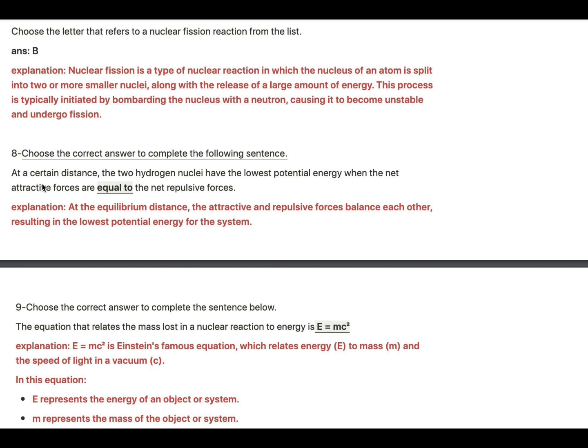So at a certain distance, when the distance is equal... I have no idea how to explain this. Just when two fields cross together, there's a certain point, a certain distance where they don't go closer and they don't move farther away. So they're just there. So they're bonded together. Covalent bonding.